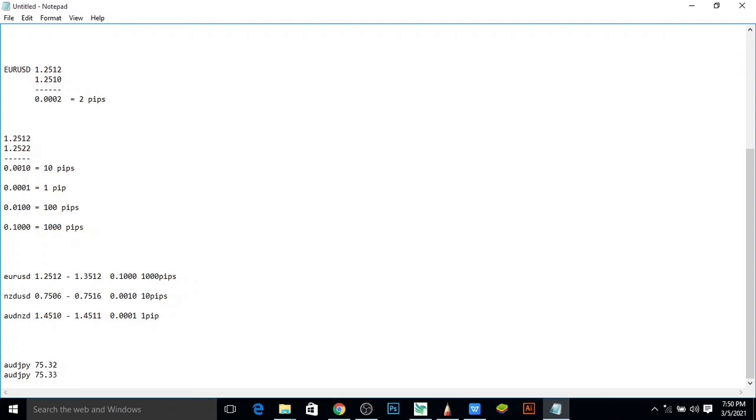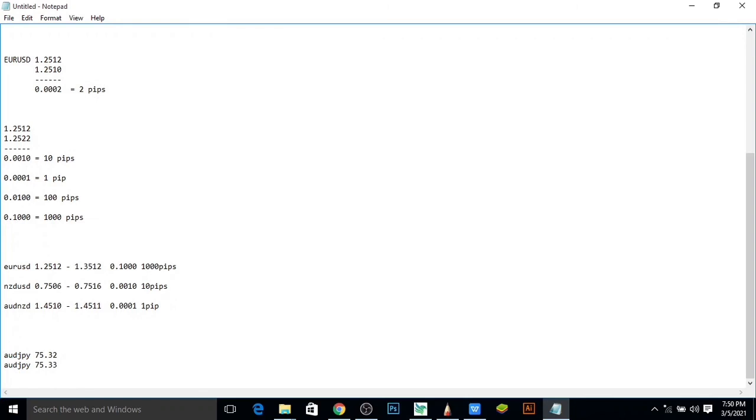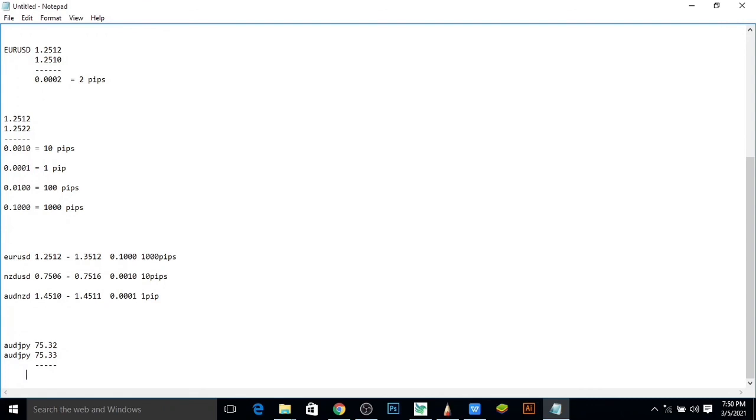It is still the same concept, but the only difference is that with this one now, you can say 75.33 minus 75.32 is 0.01. So this is 1 pip for a yen pair. 1 pip is 0.01 for a yen pair, right?